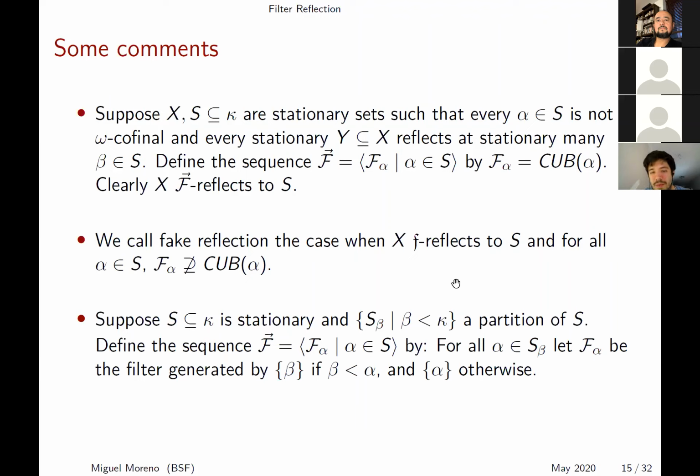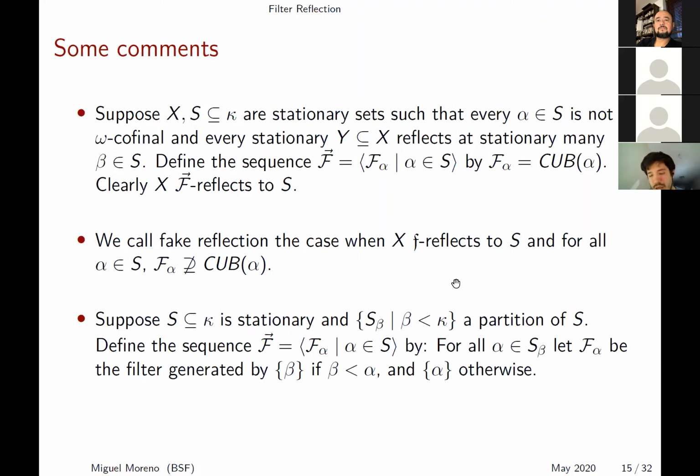So in here, you can say that this sequence of filters will not capture clubs. This will not capture clubs, but somehow reflects.